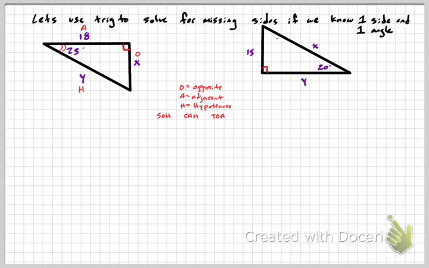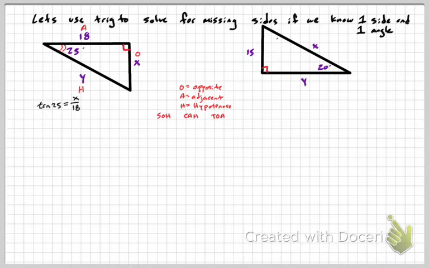I know that 18 is an adjacent. So that means that we would use tangent, because the tangent ratio uses the opposite and adjacent lengths based on the focus angle. So I would put tangent of my focus angle, 25, equals the opposite length, which is X, over my adjacent length, which is 18.